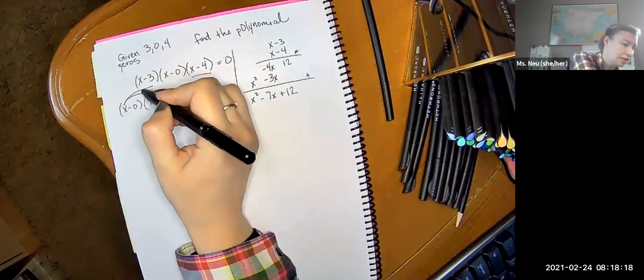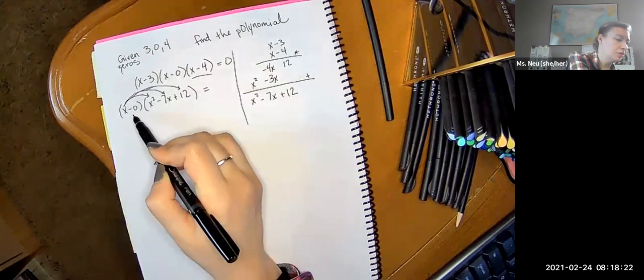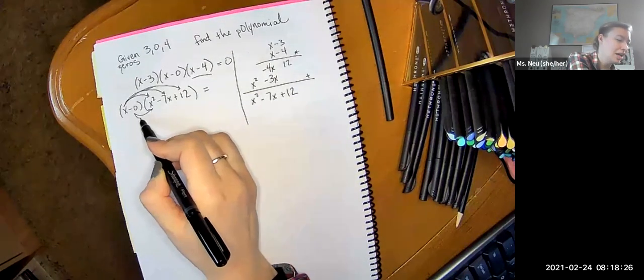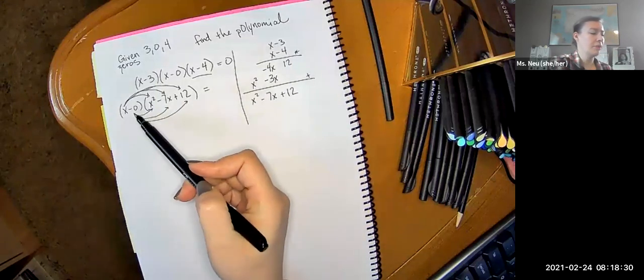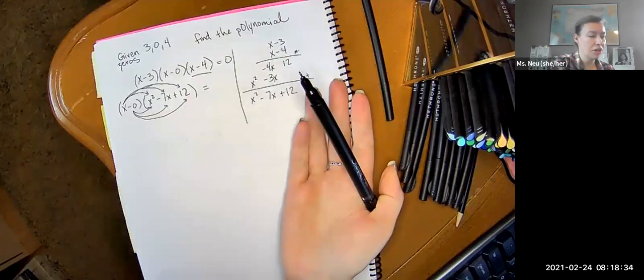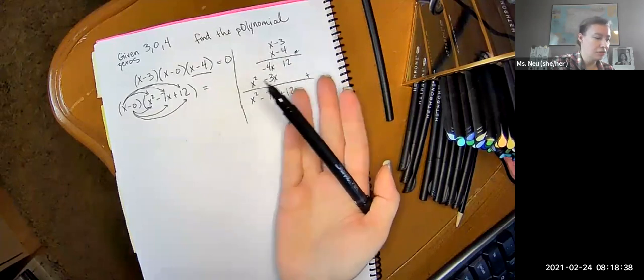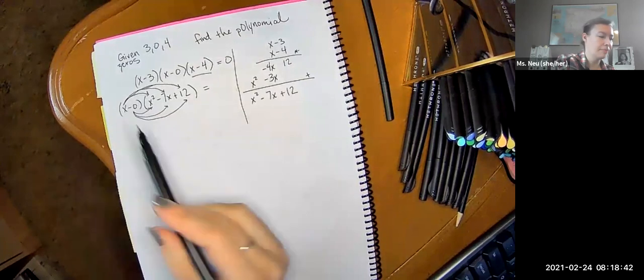So I'm just going to do x times all three of these, and then I'm going to do 0, or negative 0. Is that a thing? I'm going to do 0 times all three of these. Now you can see automatically 0 times all this stuff is just going to be 0. So I don't need to add that stuff on and combine all of those like terms. I'm just going to do x times everything, and then I'm done.